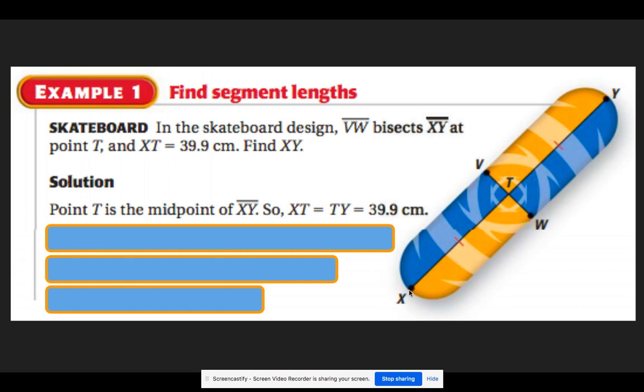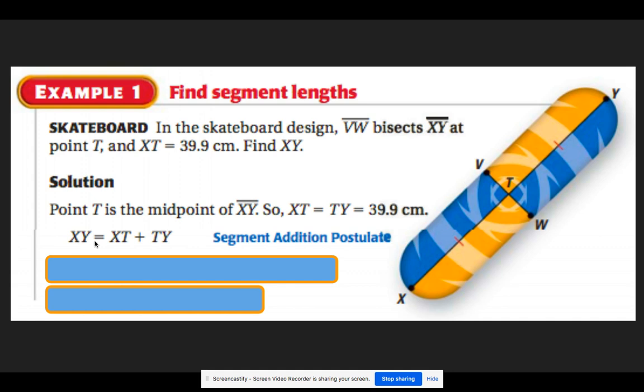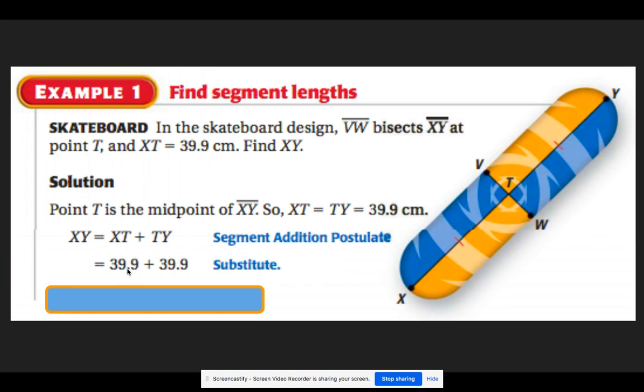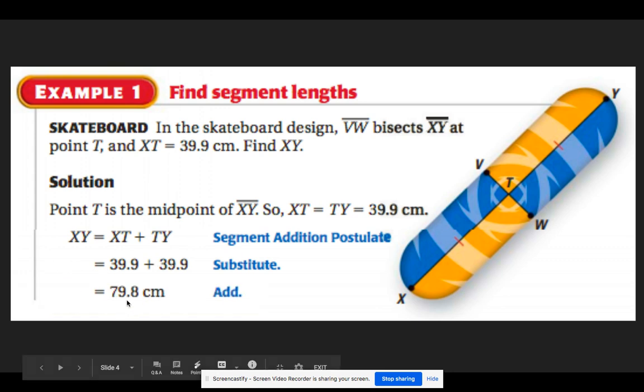To find the entire length XY, I can use the segment addition postulate, which says that XY is equal to XT plus TY. We just had that conversation: XT is 39.9, TY is 39.9, and when I add them together, I get a length of 79.8 centimeters.